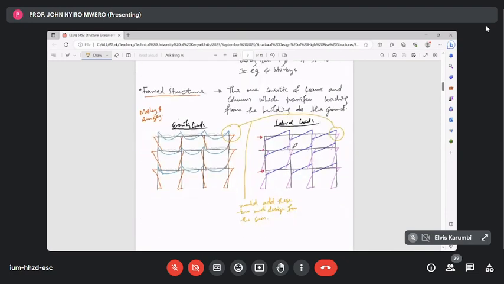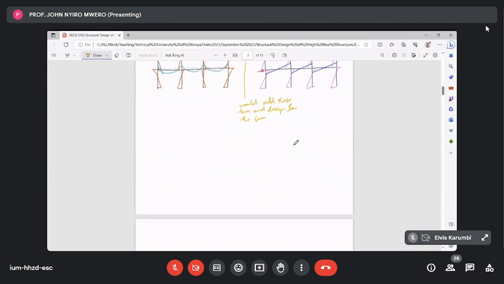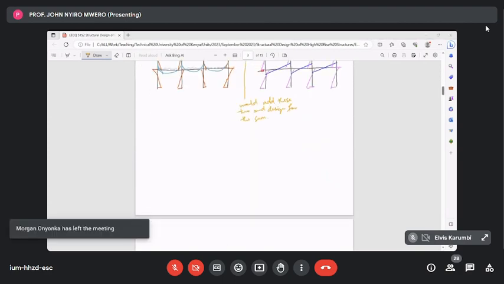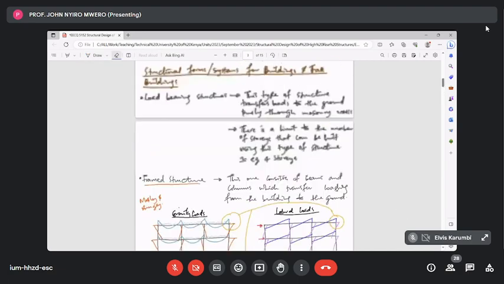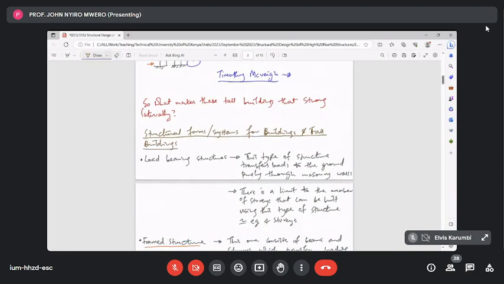Beyond this frame structure, if we had to do a taller building that the frame alone cannot resist lateral loads, then we would consider to work with a braced frame structure. So the third one that we need to mention, and maybe I need to number these so that we look a little bit more organized.